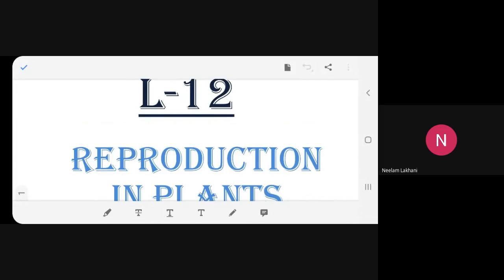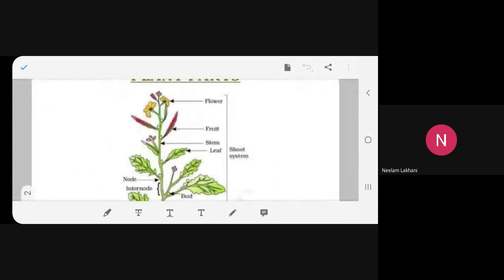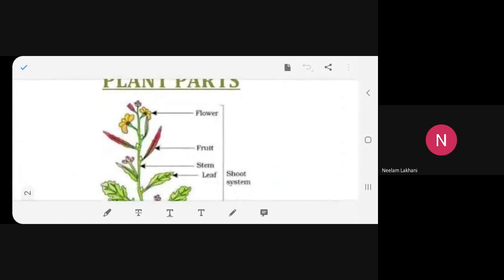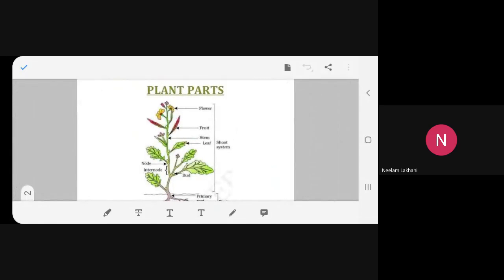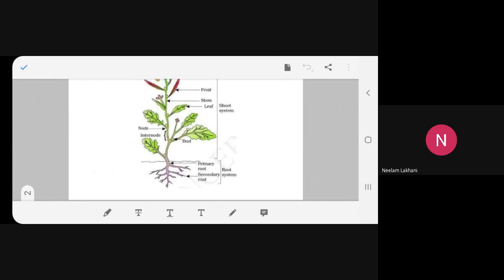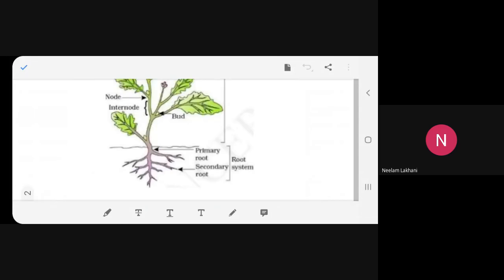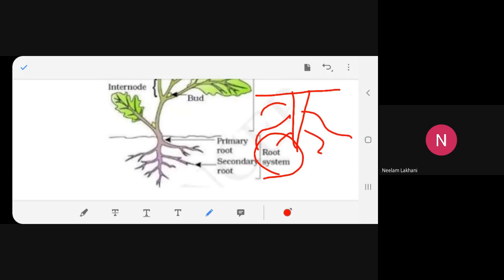So lesson number 12, reproduction in plants. That's what we are going to work today. Basically, one should be aware of the parts of plants. There are two systems in plants. One is the root system. This is the root system, which consists of the primary root, and the hairs coming out are the secondary roots.